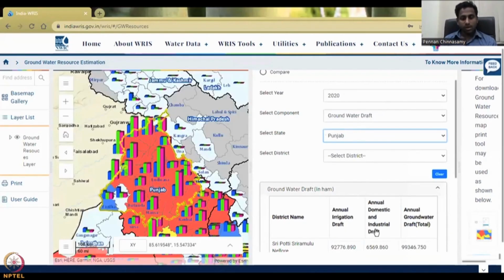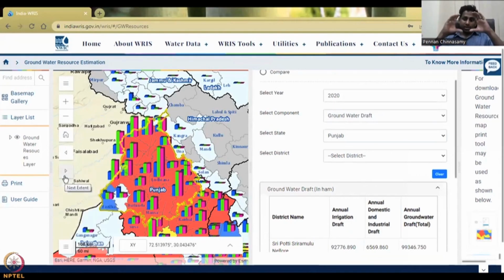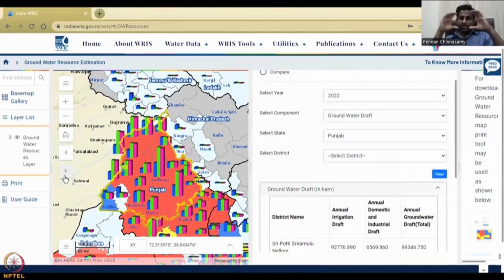Punjab is coming, and you can see it's red color. What was red? You can bring out this legend, the dash marks. Okay, what does it say? The net available groundwater, annual groundwater draft, and how much is used for irrigation. All you have to say is the blue and the green. If the blue minus green is negative, then you are depleting the aquifer.